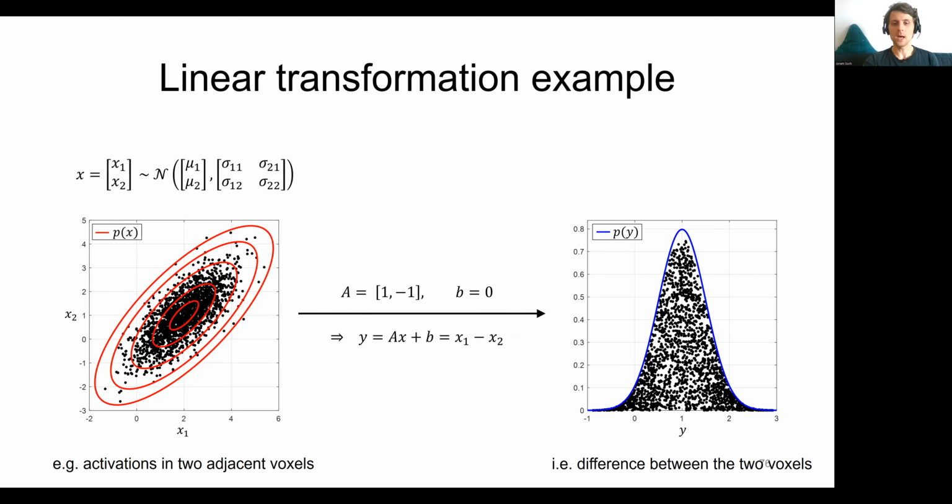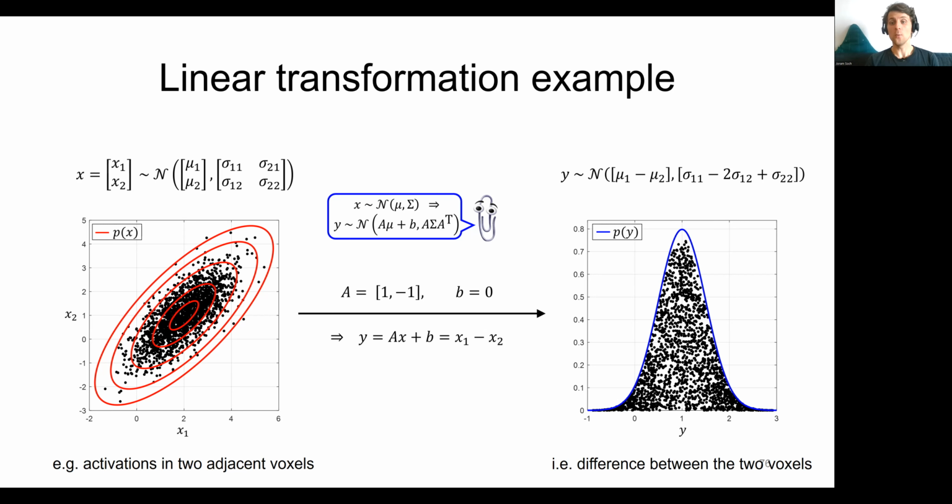And what the theorem now tells us is that the difference, because it is a linear transformation of the original multivariate normal random vector, will also have a normal distribution, in this case a univariate normal distribution because it's a scalar, where the mean and the variance can simply be derived from the mean and covariance of the original multivariate normal distribution.